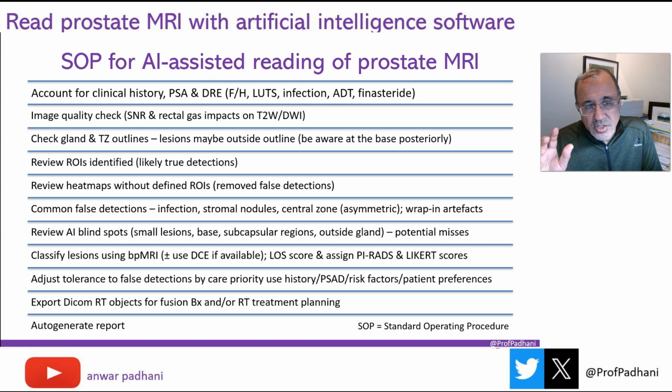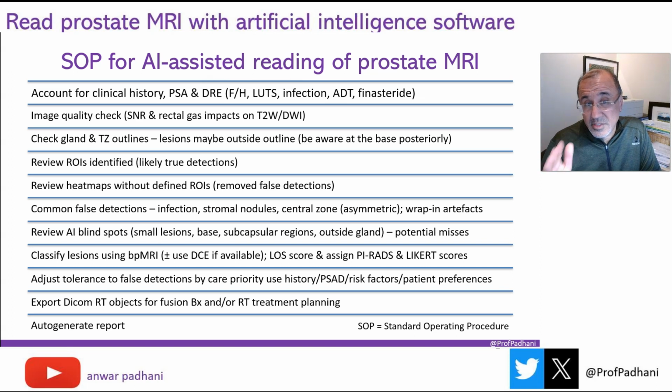Look at the lesions that the AI is showing you, because these are most likely in fact to be true detections. Review the heat maps without a defined ROI, because these are going to be false detections, but you may want to take these false detections into account depending on the patient preferences. Remember the common causes of false detections: stromal nodules, infections, central zone, rapid artifacts.